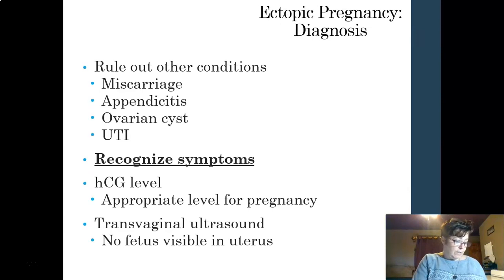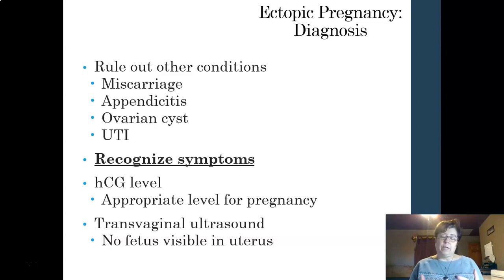So diagnosis. Basically, many times they are diagnosed by their signs and symptoms at first. It is important that we think about other conditions and rule them out that might have the same symptoms. If the ectopic pregnancy is on her right side, that pain could be mistaken for appendicitis. Sometimes it can be mistaken for a urinary tract infection, or that she is maybe having a miscarriage.